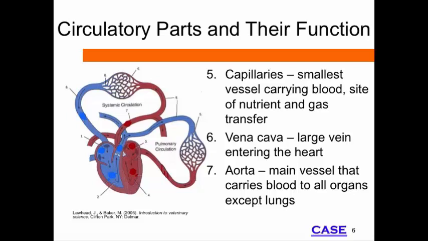Capillaries are the smallest blood vessels within the body. They are the site of nutrient and gas exchange between cells and blood. Conversely, the vena cava and aorta are the largest blood vessels in the body. The vena cava brings blood to the heart from the organs, and the aorta returns blood to the body.